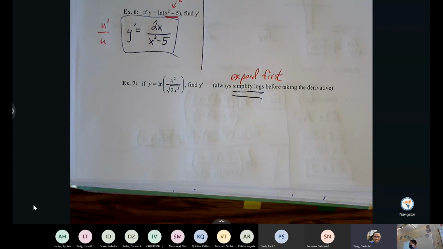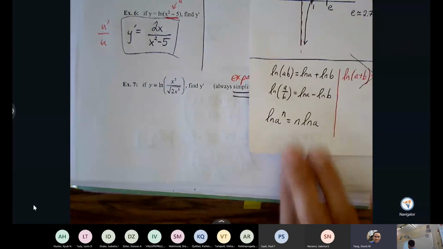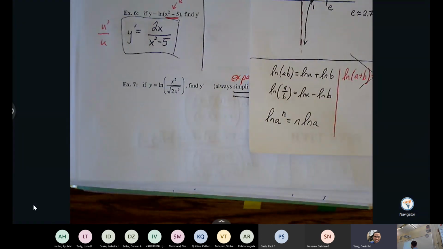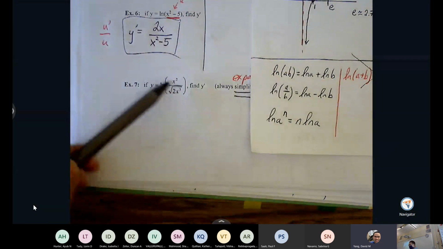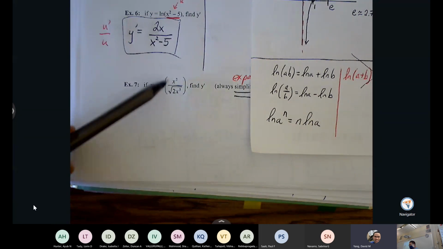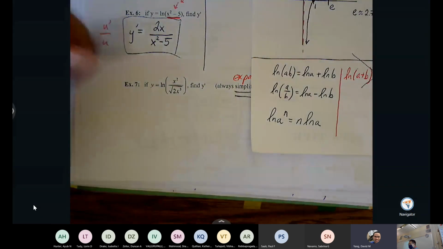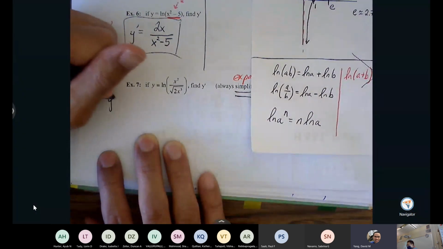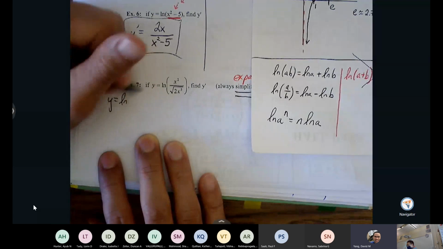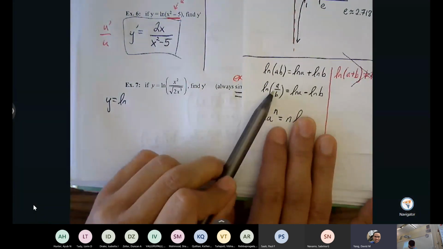Okay, so here are our properties. Do you see an obvious one that we can start with first? So quotient. Yeah, I see the quotient. Maybe there's product and power involved here, but I'm going to handle the most obvious ones first. All right, so I see a numerator denominator. So I'm going to treat the x squared as my a. I'll treat the square root as my b.